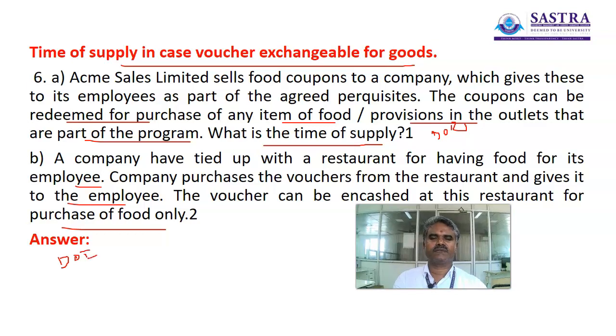In the first case, date of redemption. In the second case, date of issue will be the time of supply of goods. Sorry, I keep saying time value, not time value. Okay.